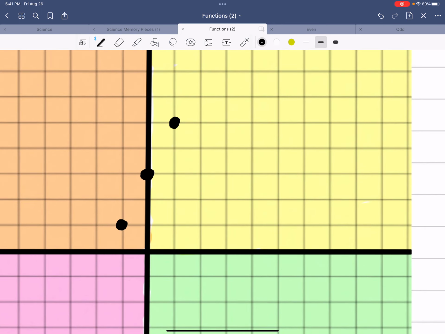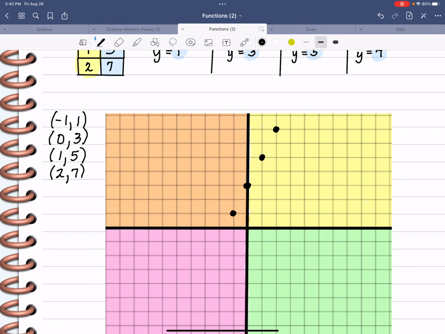And I will tell you, this is why I choose little numbers to put in my table, because eventually I'm going to run out of room if I'm using the bigger numbers. So over 2 up 7 is right there. So I have taken those 4 points and I've plotted them on my coordinate plane. And then I'm just going to use a straight edge and connect the dots.